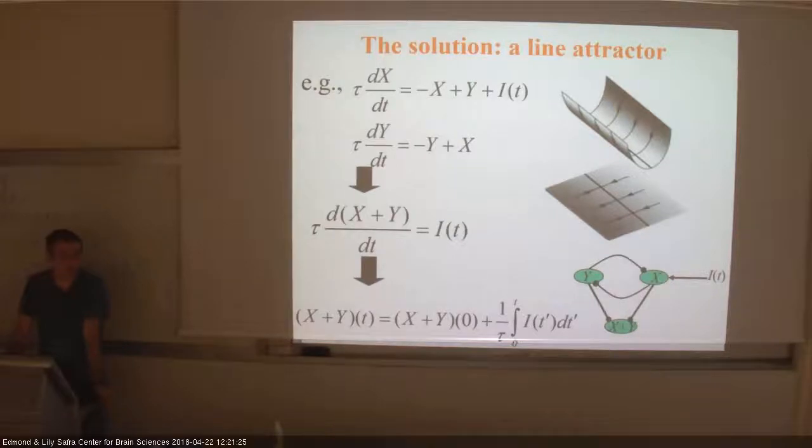Let me try and clarify. Clearly, this set of equations does not characterize neurons in the brain. This is only an approximation. We use this approximation in order to characterize a possible solution to the puzzle of working memory and integration.